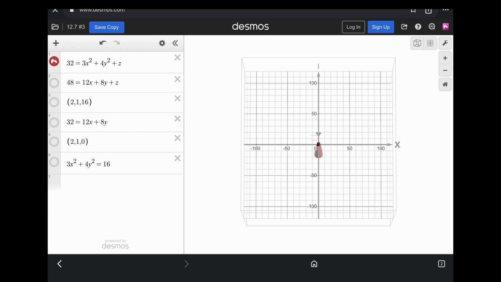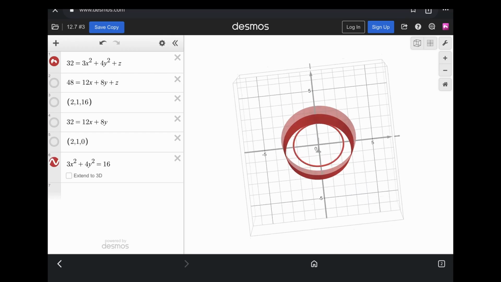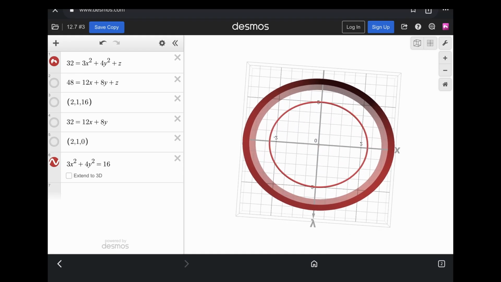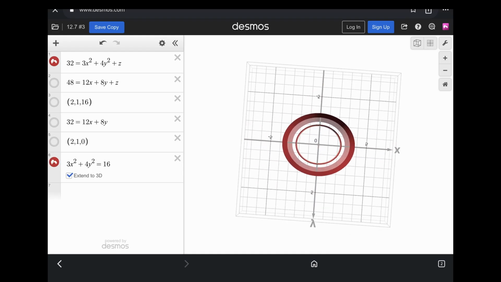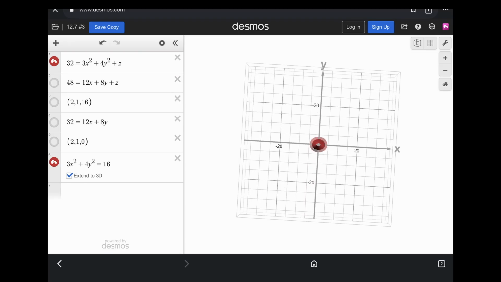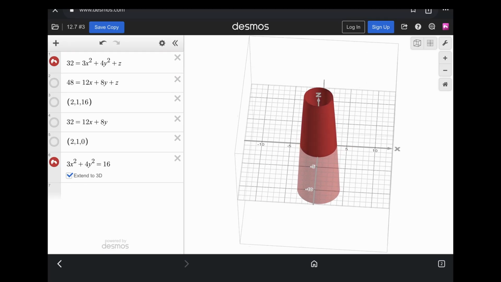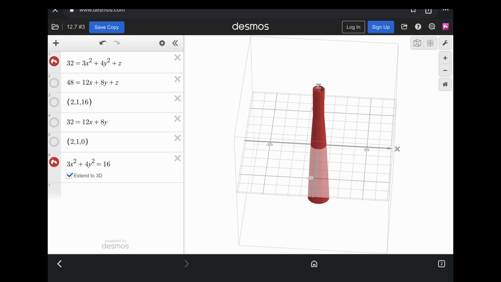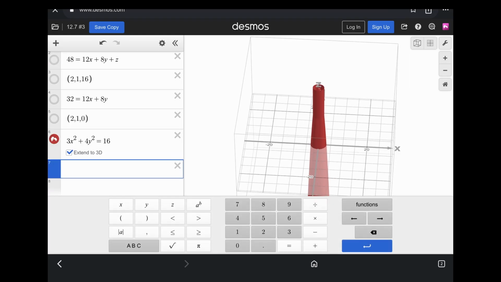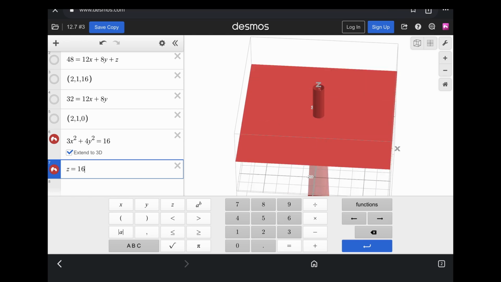Similarly, we can see that if we replace this with this, it would map on with the paraboloid at a specific value, and it would be at z equals 16, and we can just plug in z equals 16 right here to show that.